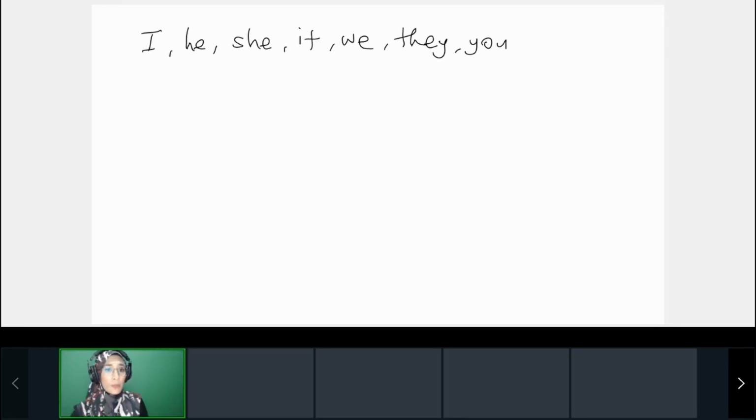For example, we had the sentence "I love him." Him is a pronoun, and it is considered an object. I'm not saying an object like a thing. He is not a thing, he is a human being. But when you are referring to something or someone after the verb, it's considered an object in the sentence.